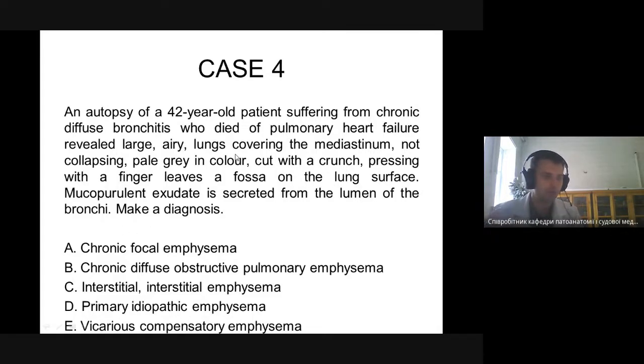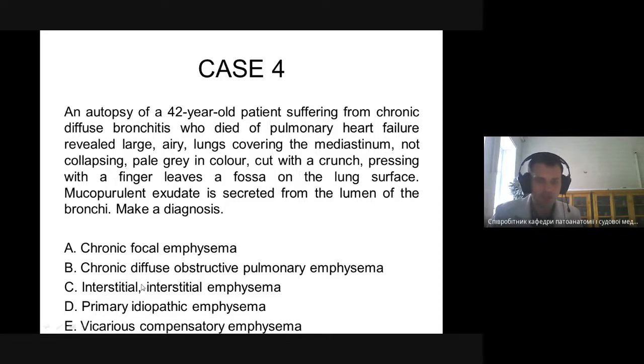Emphysema is hyper-aeration of the lungs, or hyperexpanded lungs. What's the form of emphysema? Chronic focal? No. It was in both lungs. In all the lobes?